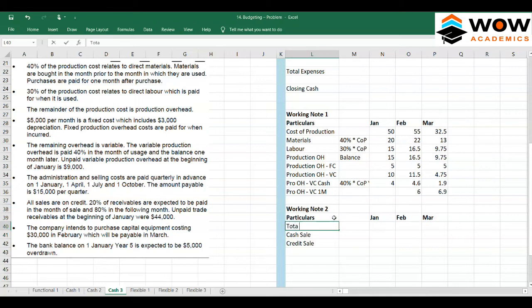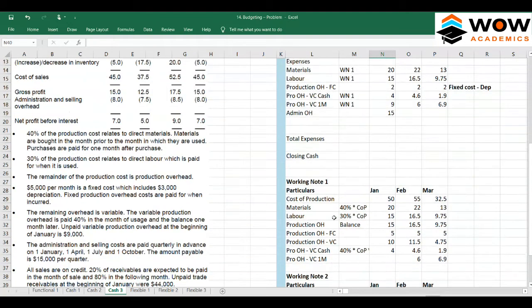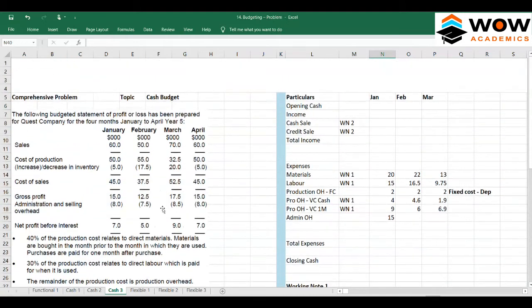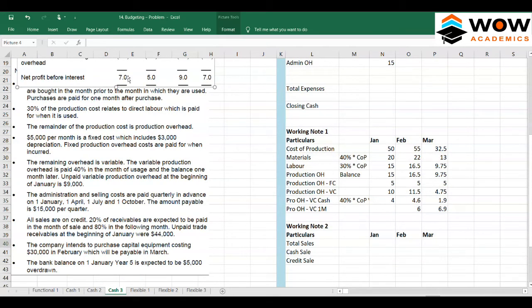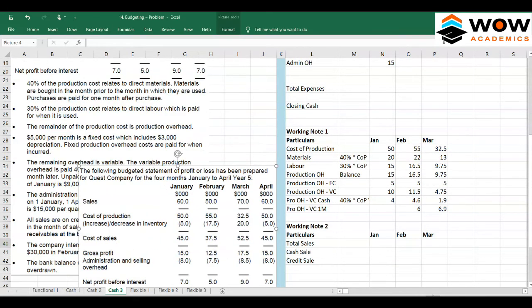First we'll put total sales. Total sales in January is 60, in February it is 50, and in March it is 70.